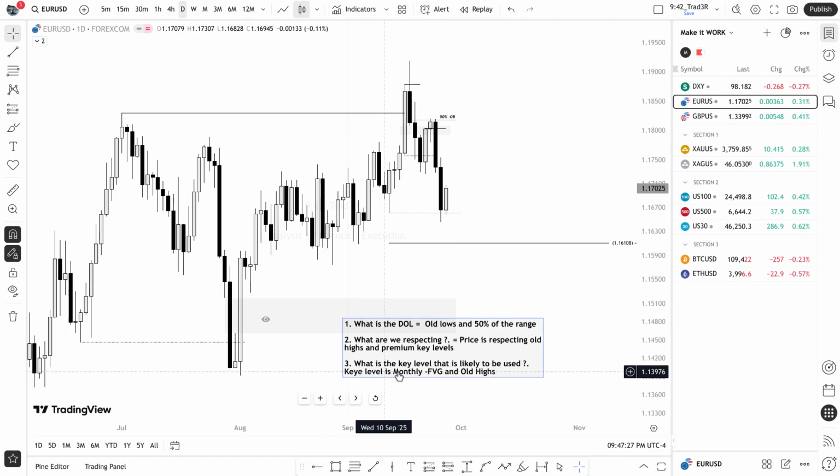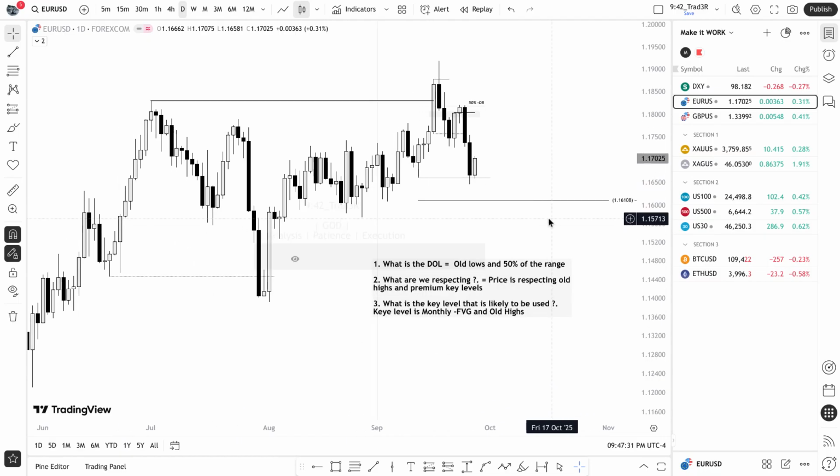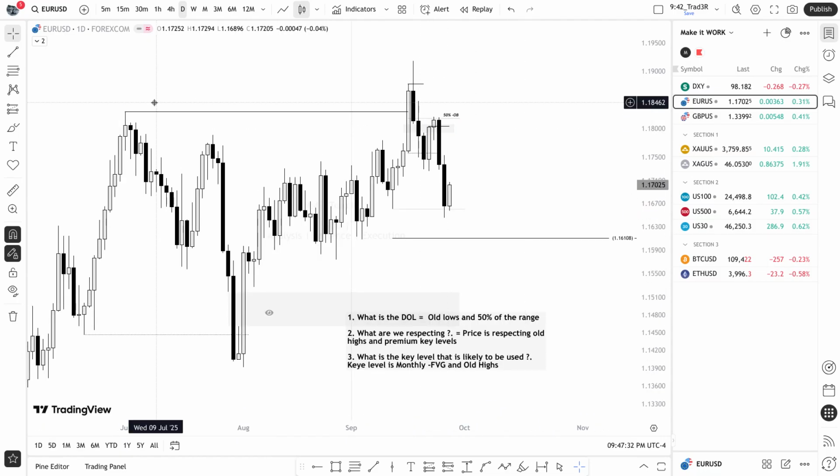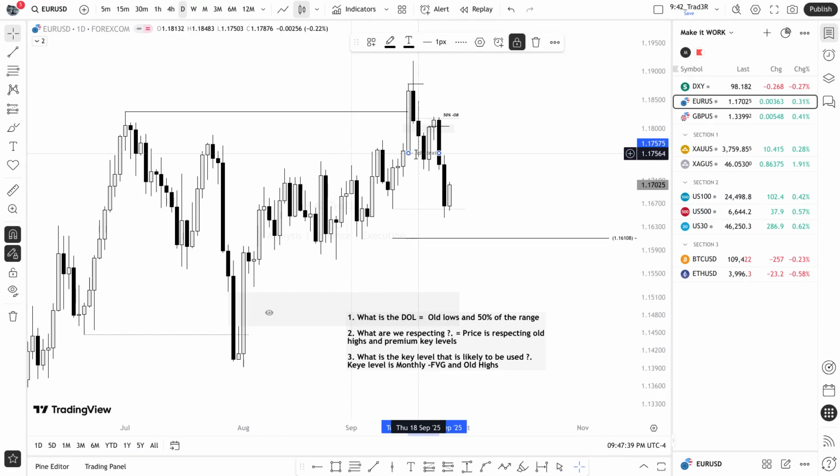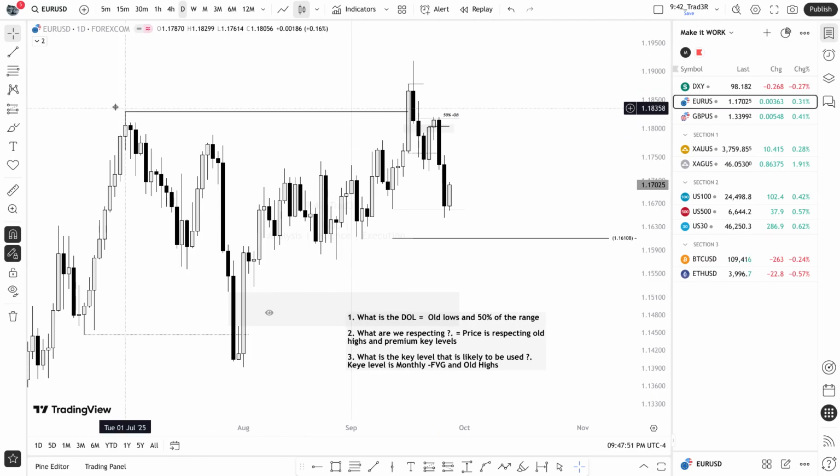Now on the monthly we have a fair value gap on the old highs, but on daily you can see here after price took out this high with this particular candle, once we close below this candle, you can see this dotted line, price closed below it. This particular candle now becomes an order block. Why? Because it is a tick or close candle that took out liquidity and we've closed below it.